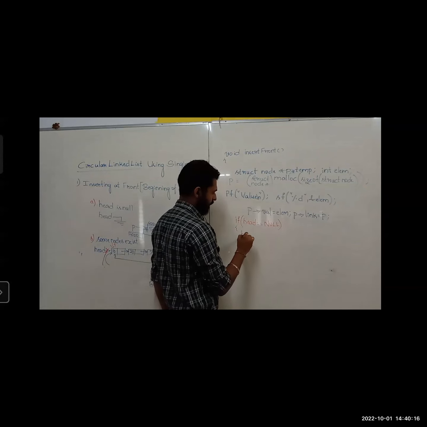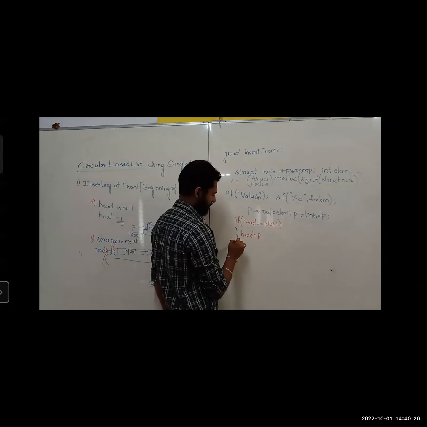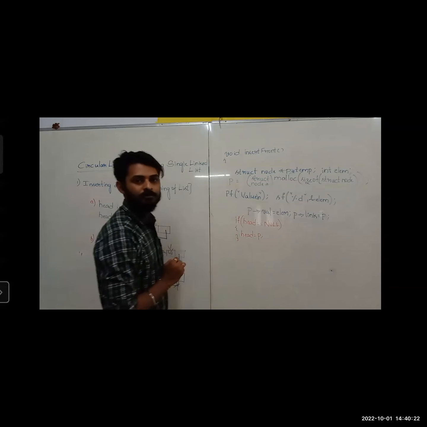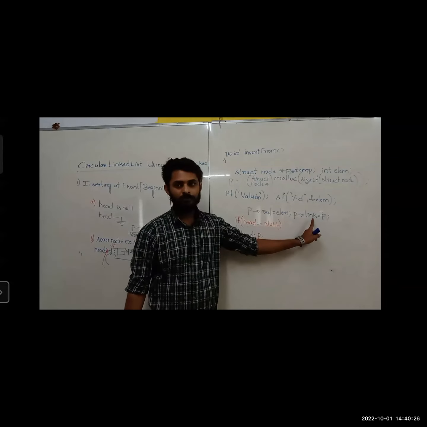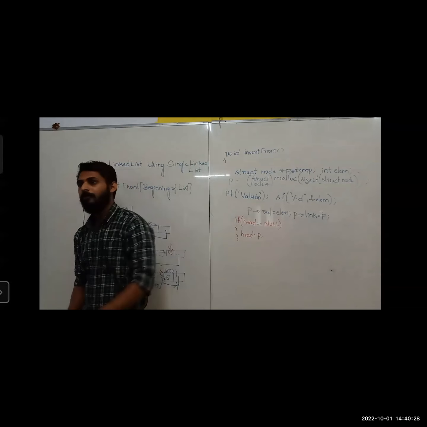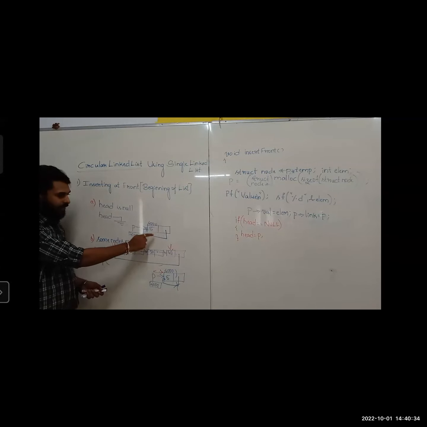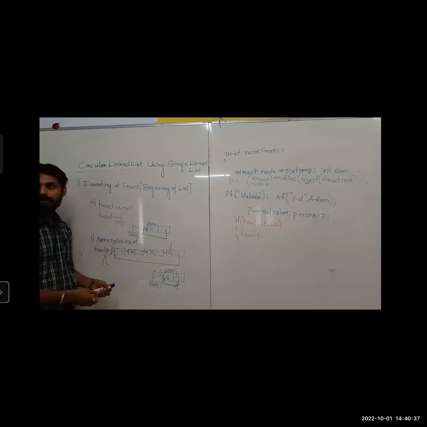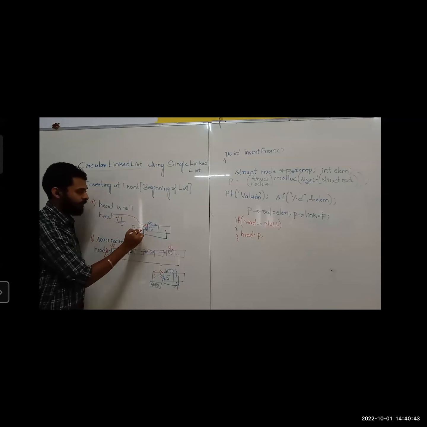Head should be pointing to the same place where P is pointing. I've already written that. P's link should be pointing to P. Exactly. P's link is pointing to the same place where P is pointing. Now if there are no nodes, cancel this and it should be pointing to here.